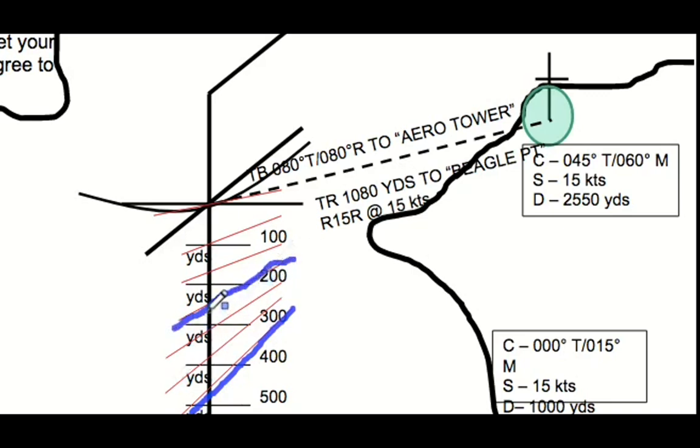And now we know that we're about 250 yards to turn. And we can call that out, let our bridge team know, hey, we're getting closer and closer to this turn, right? 250 yards to turn. We can continue that process all the way up to when the bearing taker calls out, hey, arrow tower bears 080 degrees true. And we know that's when we need to put our rudder over to turn on time.